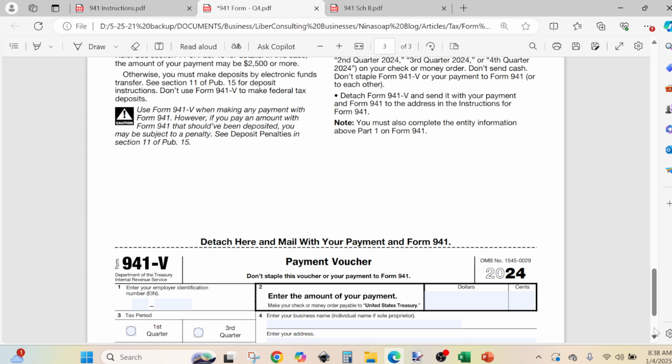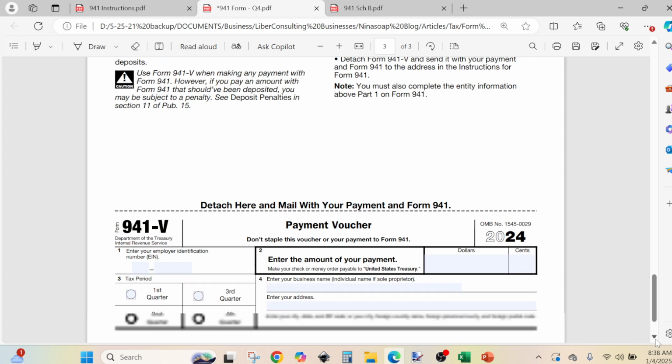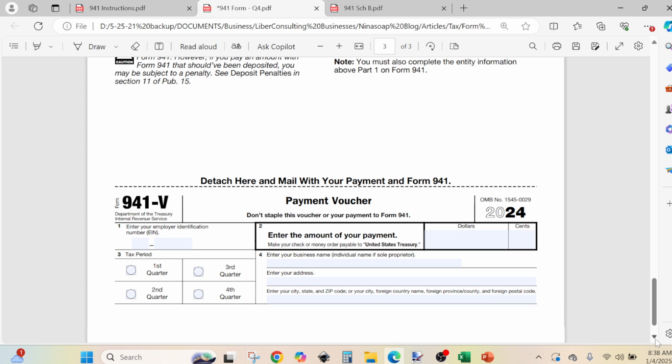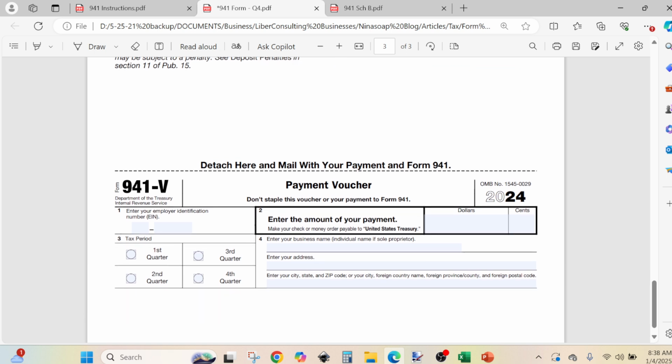You can check our website, our blog, ninasub.com, under free downloads for free payroll worksheets that you can use. This is a spreadsheet that you can use to track your payrolls. It helps you keep track of what you have been paying, and it tracks by month for you, not by day. Therefore, if you are a weekly depositor, this spreadsheet may not work well for you.